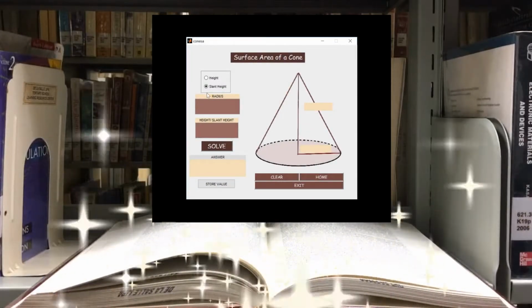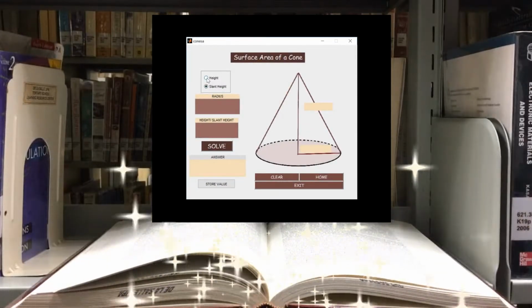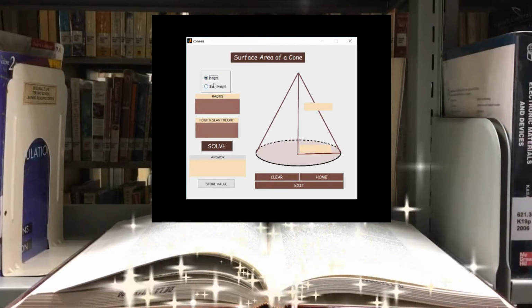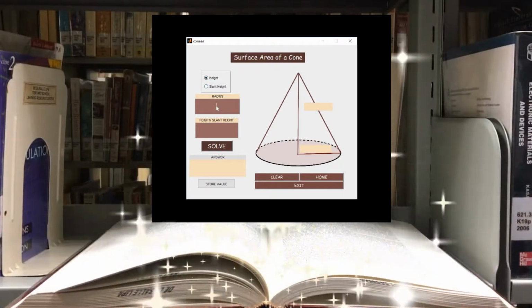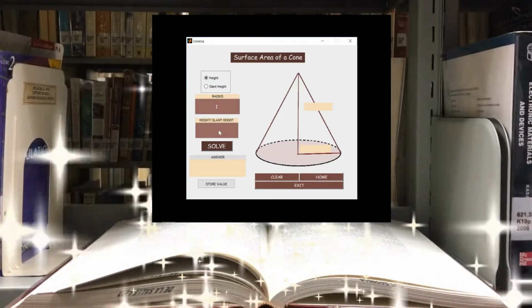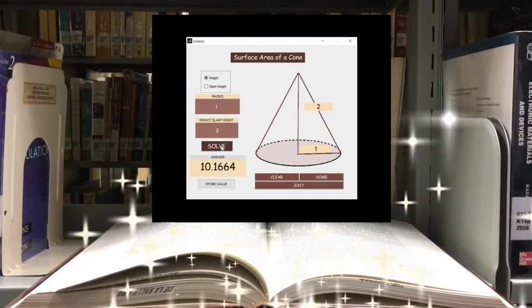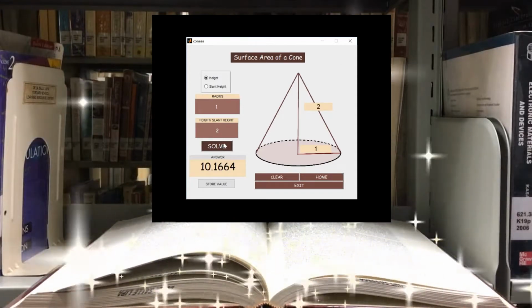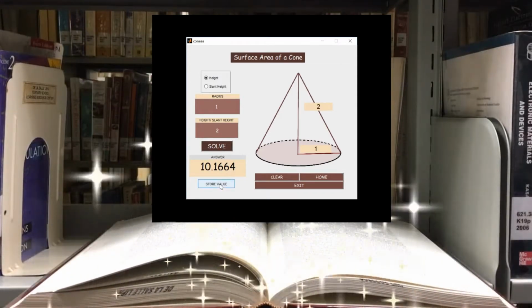Surface area for the cone. Let's try this height. Later on, we are going to try this one, slant height. We're going to put the radius for 1, and then the height is 2. Solve. The answer is 10.1664, and then store the values.